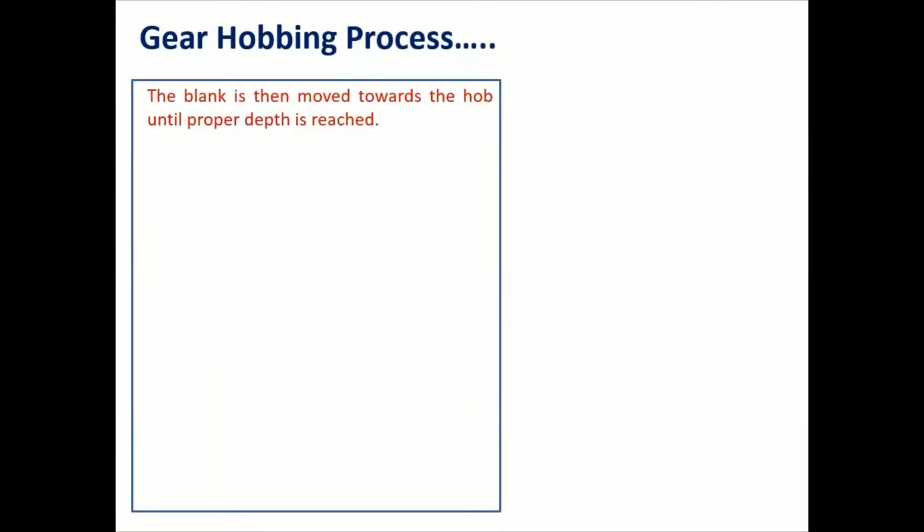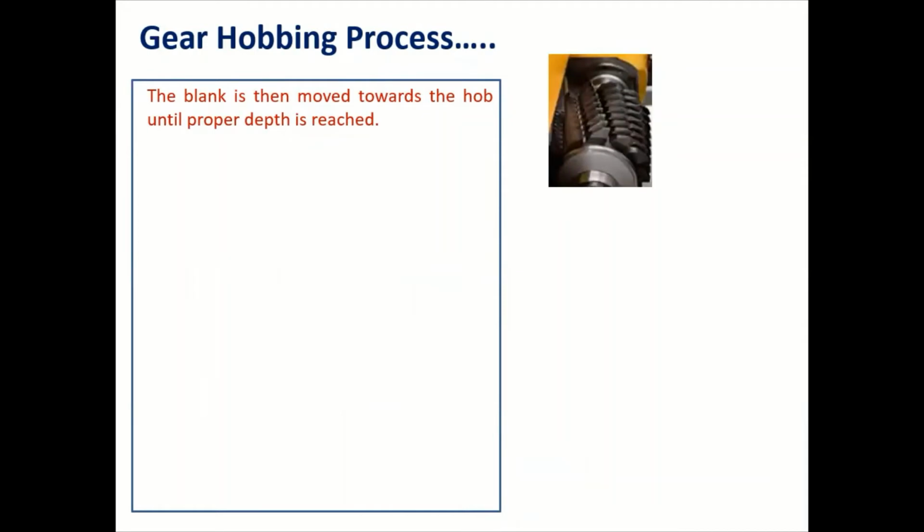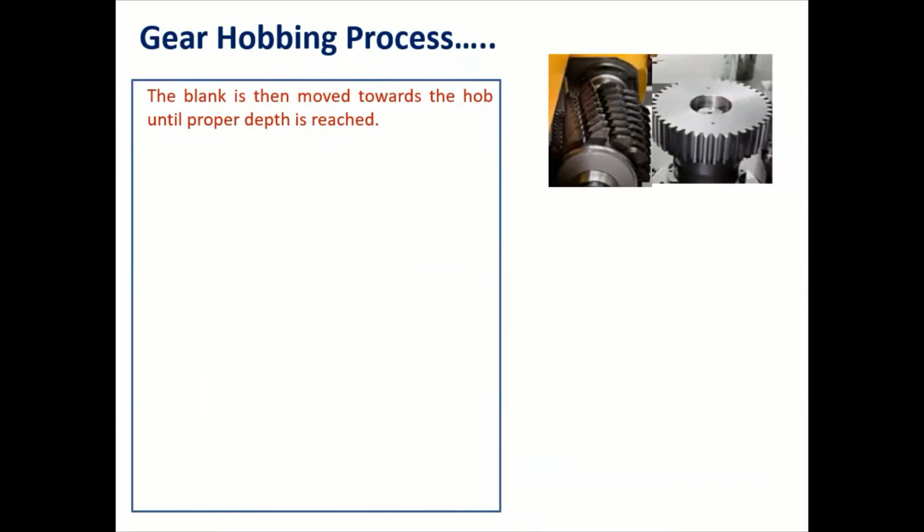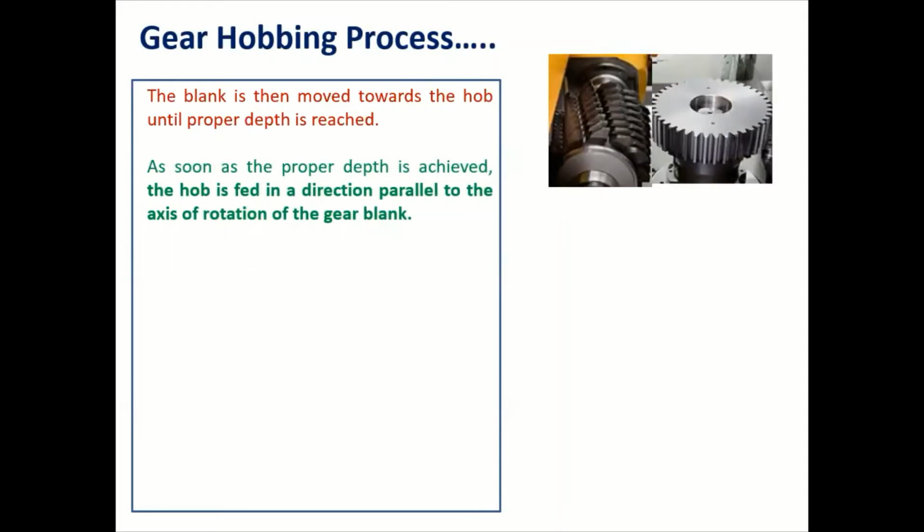The gear blank is then moved towards the hob until the proper depth is reached. Unless we feed the blank against the hob cutter until we reach the proper depth, the process will not start. As soon as the proper depth is achieved, the hob is fed in a direction parallel to the axis of rotation of the gear blank.